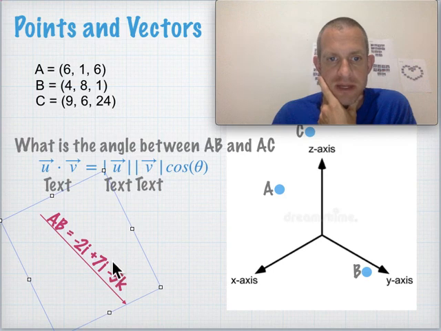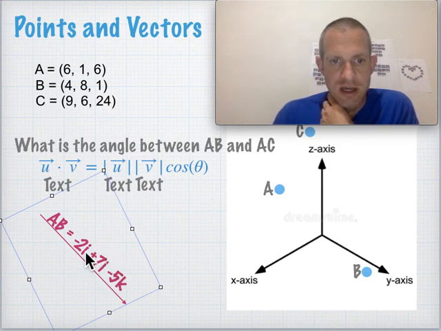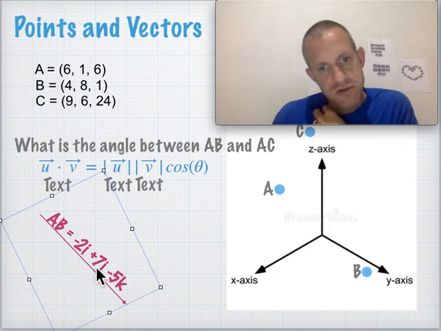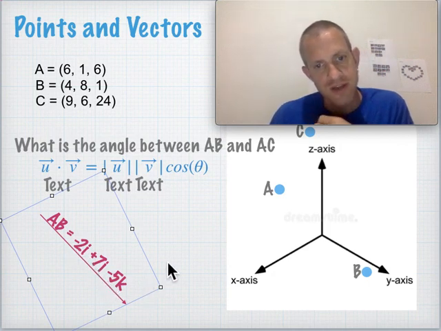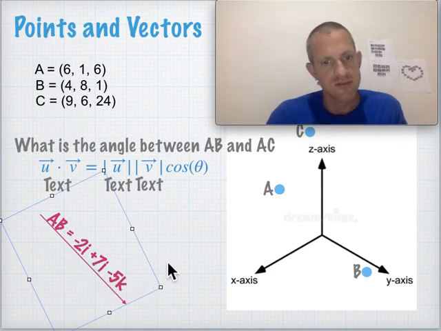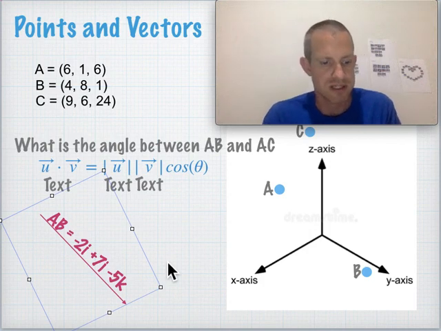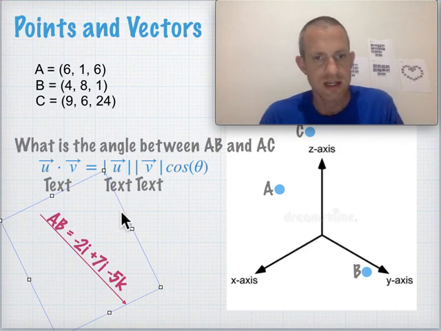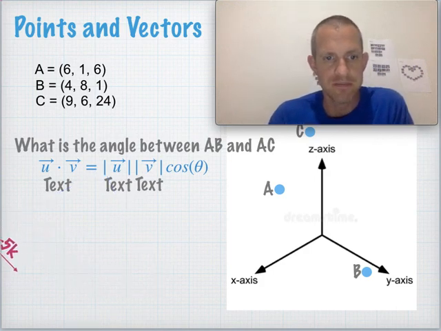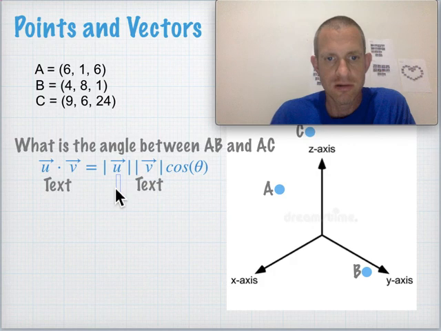Let's figure out the length of vector AB first. Vector AB is negative 2i plus 7j plus 5k. So if I do 2 squared, 7 squared, 5 squared, add them up and take the square root, that would be its length. 2 squared plus 7 squared plus 5 squared is 78. The square root of 78 is the length of AB. So let me put that in here.